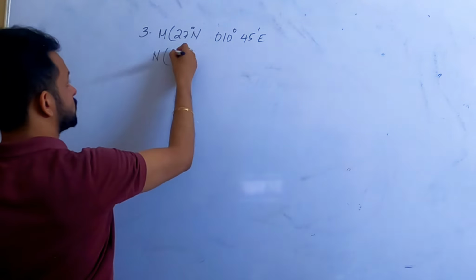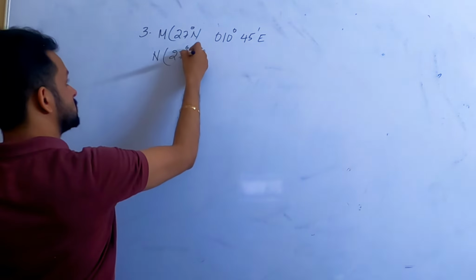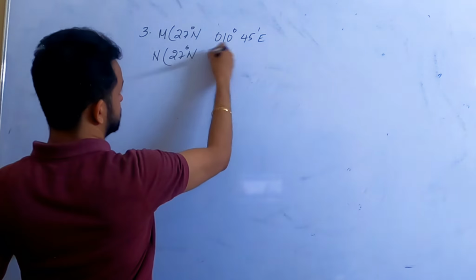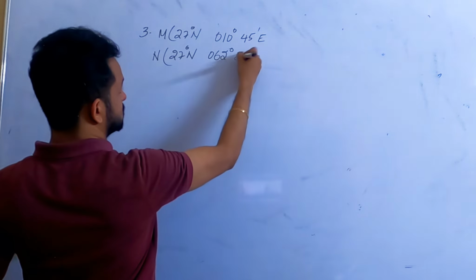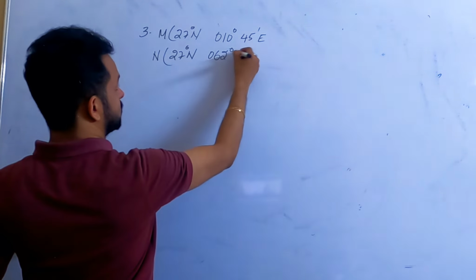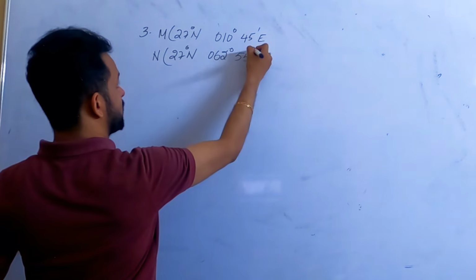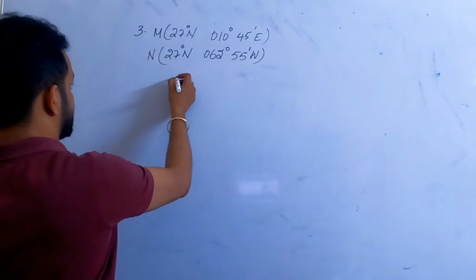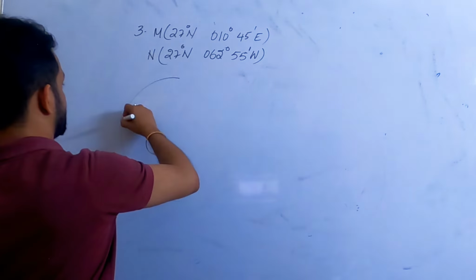N is on 27 degrees north, 62 degrees 55 minutes west.